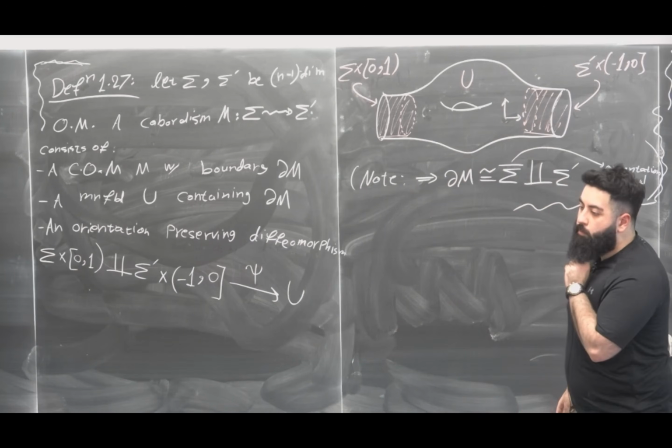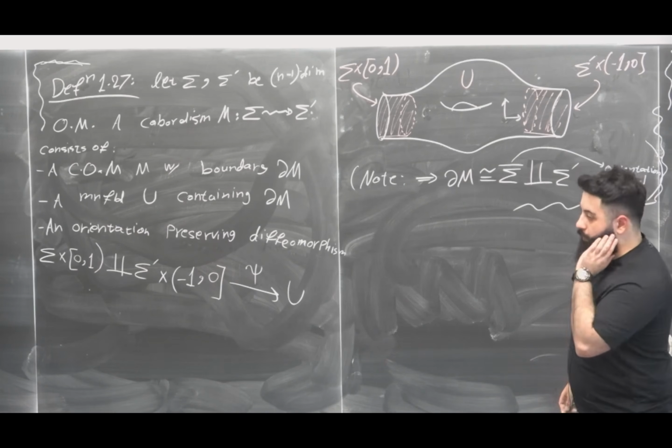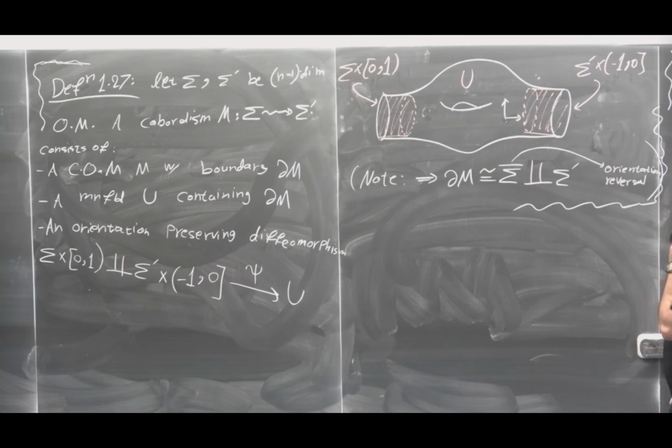Using the definition that we gave, an oriented manifold canonically induces an orientation on the boundary using our outwards convention.